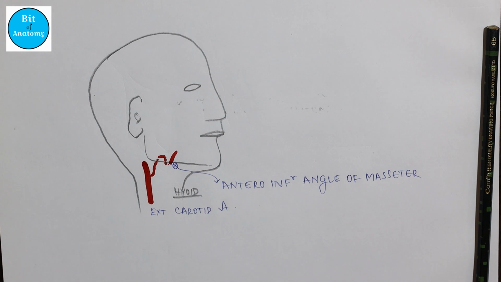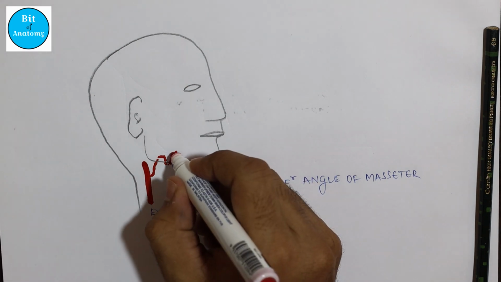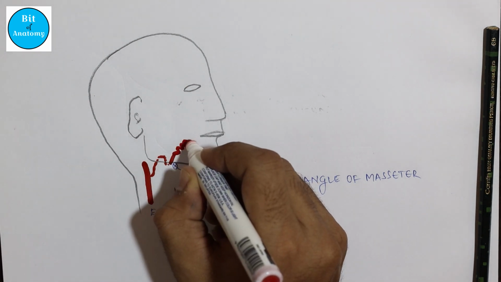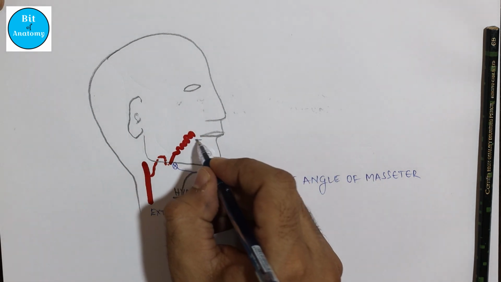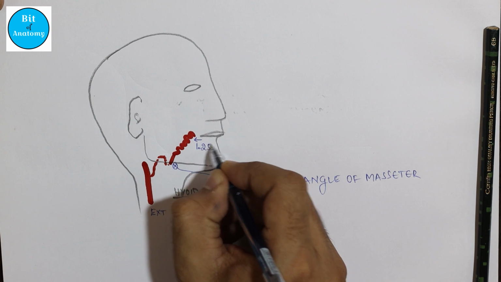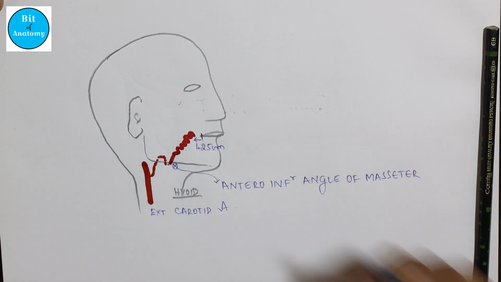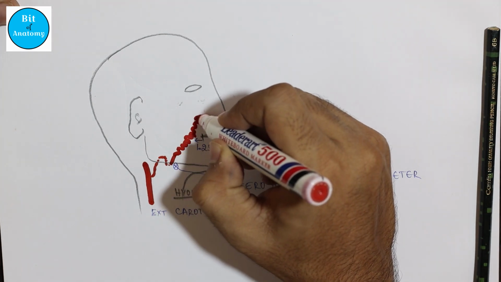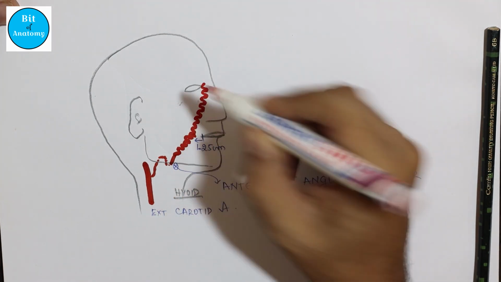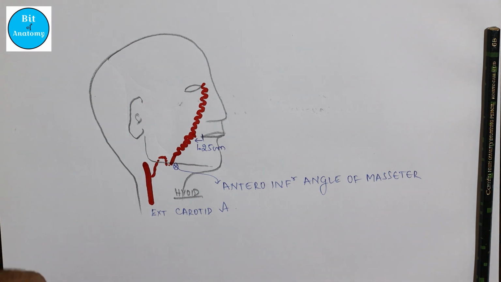Once it enters the face, it has a tortuous course. It reaches a point around 1 to 1.25 centimeter from the angle of the mouth. Then it passes tortuously to reach the medial angle of the eye.